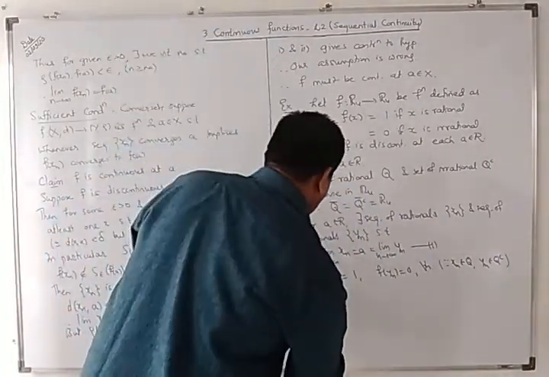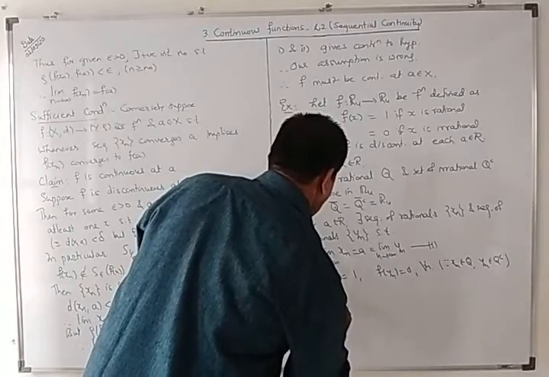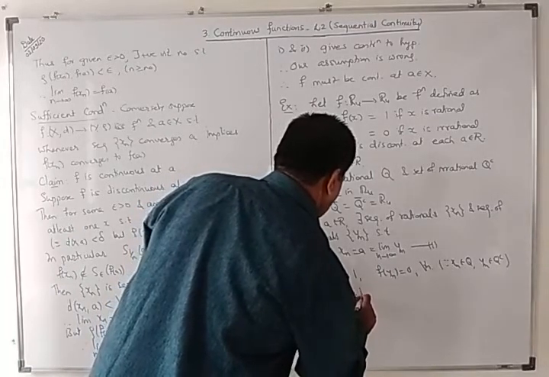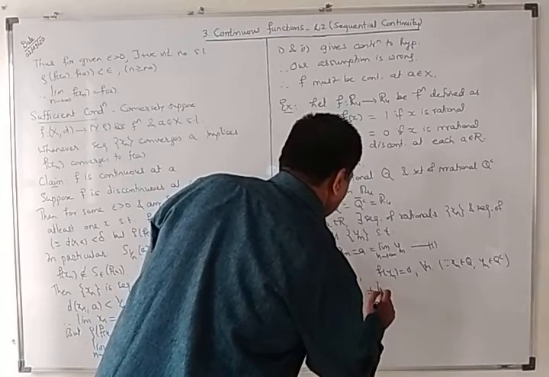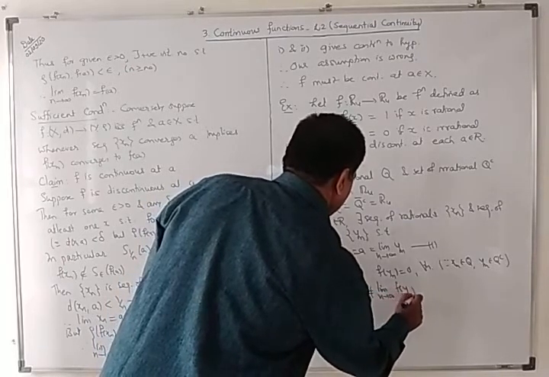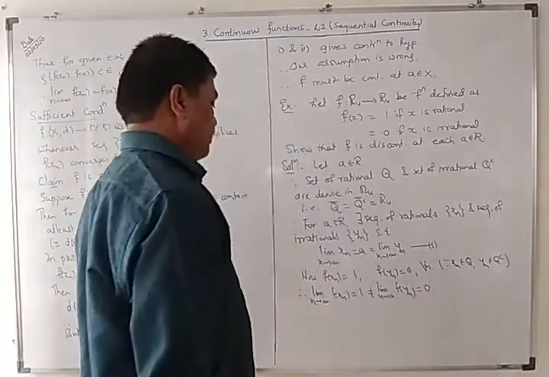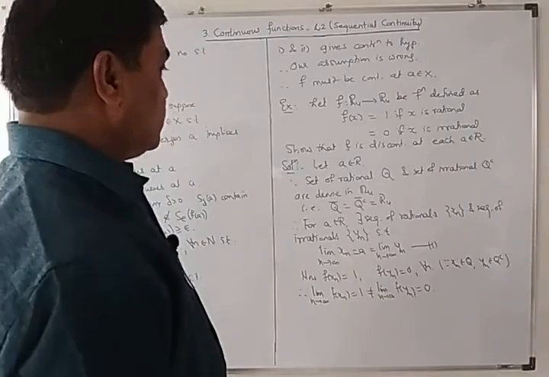Therefore, limit of f of xn is equal to 1, not equal to limit as n tends to infinity of f of yn, which is equal to 0.